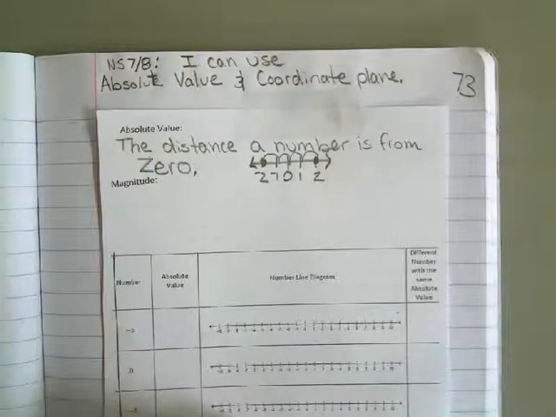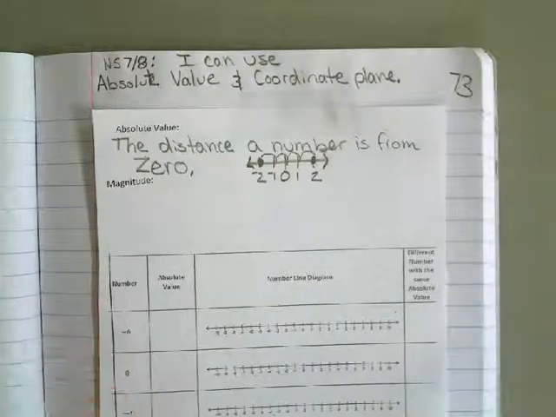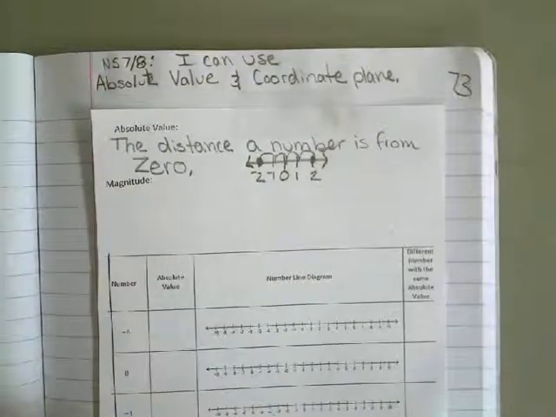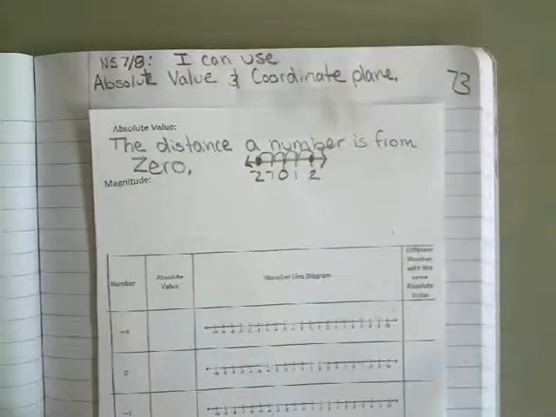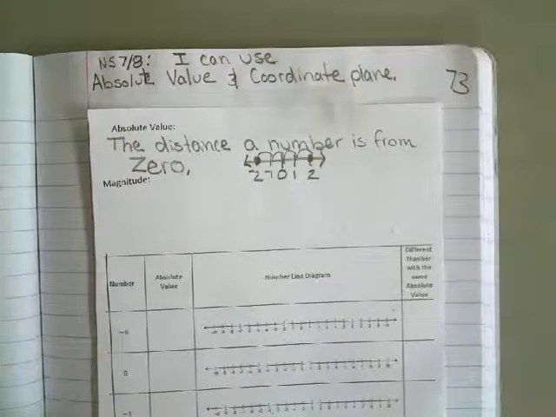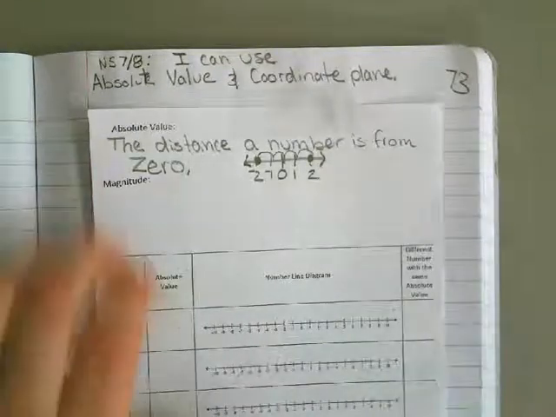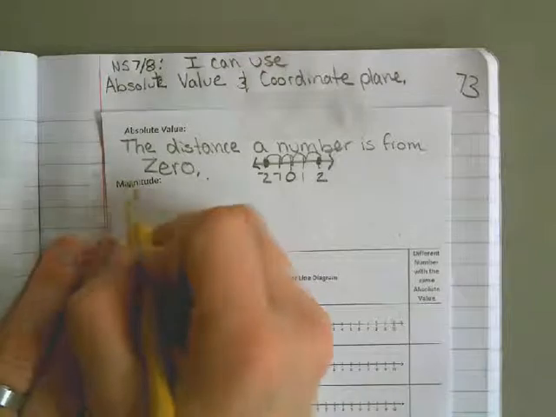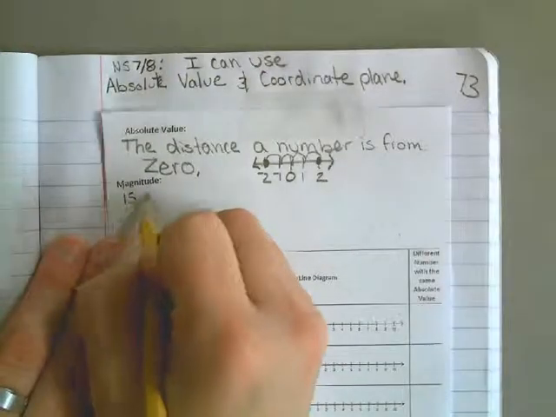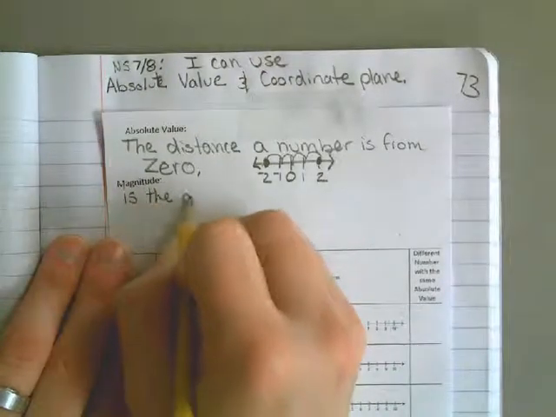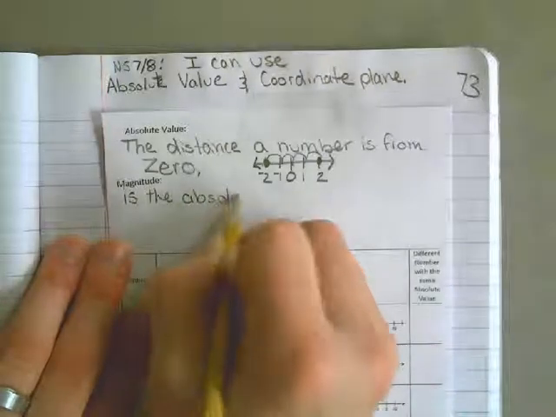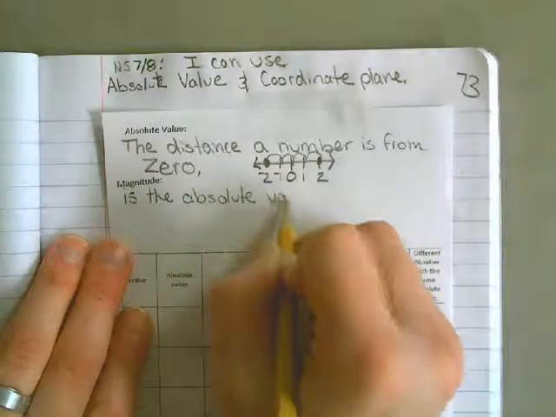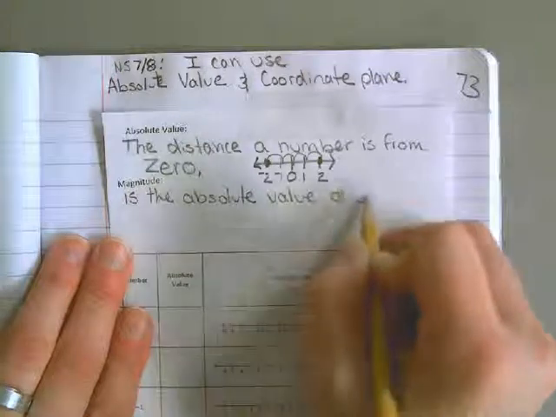Okay? You also might hear this term magnitude. Now, magnitude is something that you're going to see a lot more of in 8th grade, but for right now we're just going to give you a very general idea. Magnitude is basically the absolute value of a number.